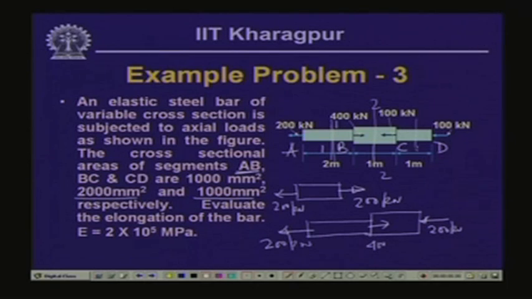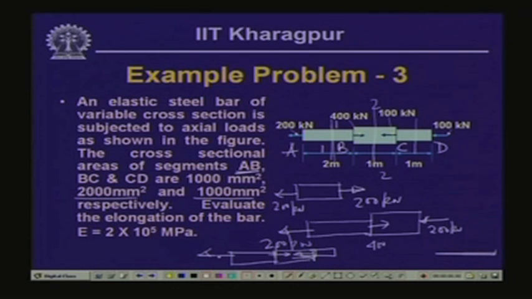And if we take a free body at this part, then we have the free body part like this. This is 200, this is 400 and this is 100.